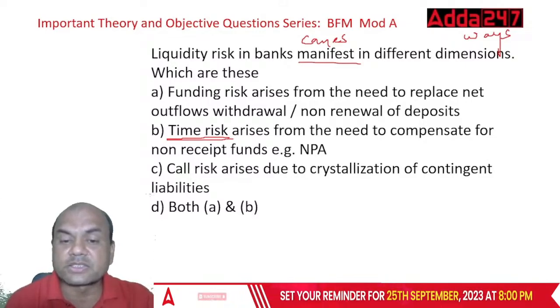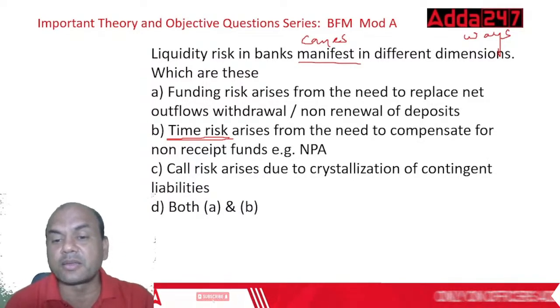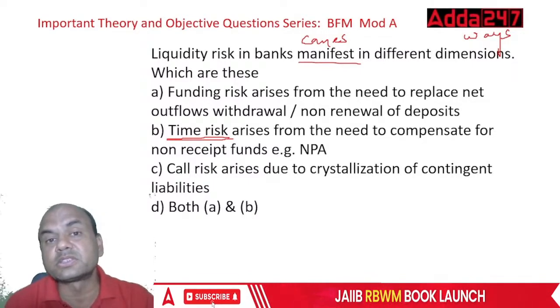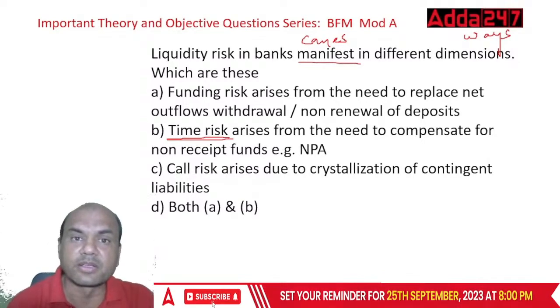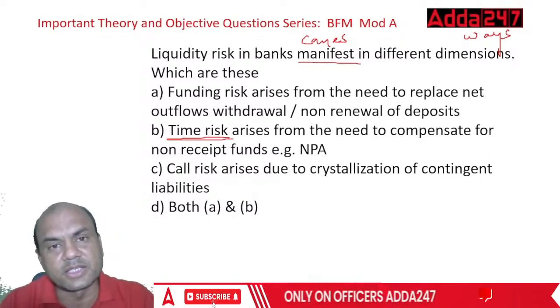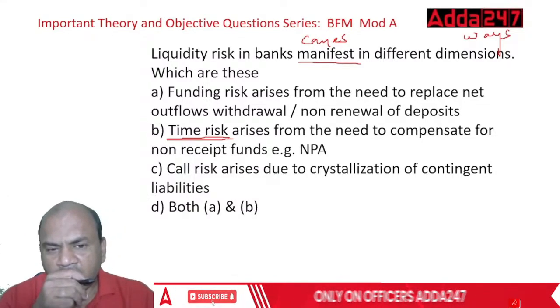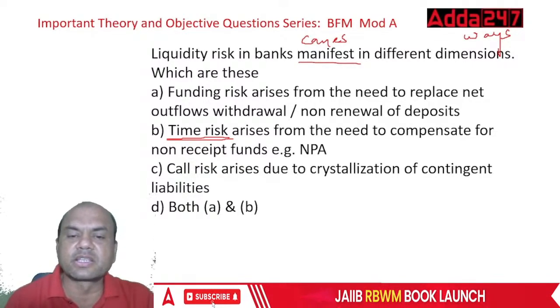Call risk arises from crystallization of contingent liabilities. Contingent means which was not to come, or future transactions, like bank guarantee, LC. These are all contingent. So it comes in which of these cases?